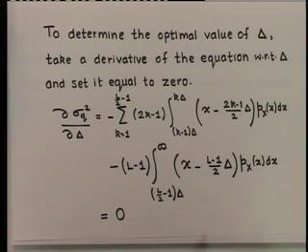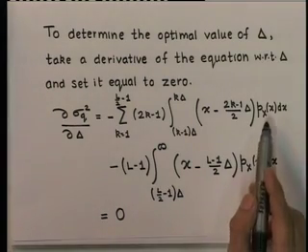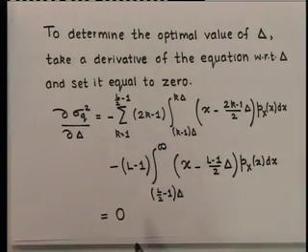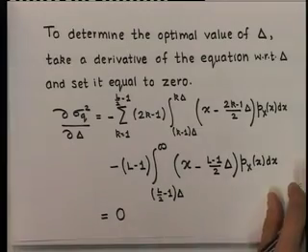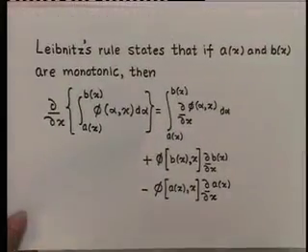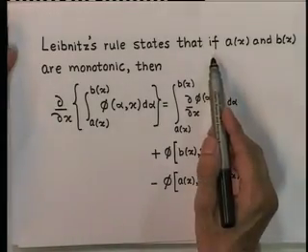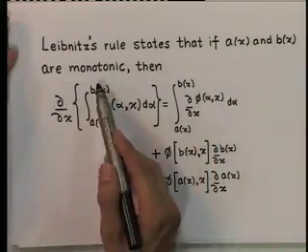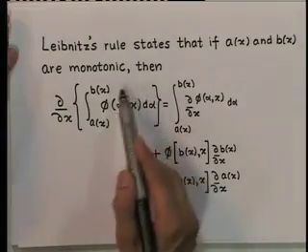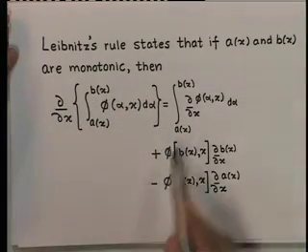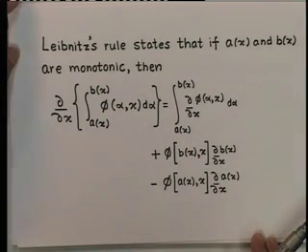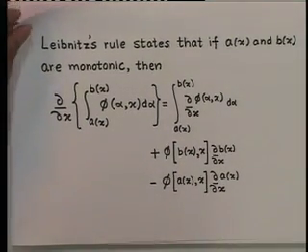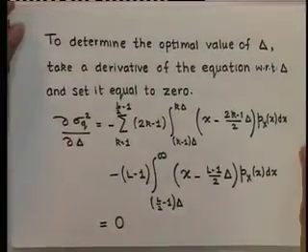Now, in order to derive this expression, we have to use the Leibniz rule, which states that if A(x) and B(x) are monotonic, then differentiation of this expression is given on the right hand side. Using this Leibniz rule, we get the following expression.